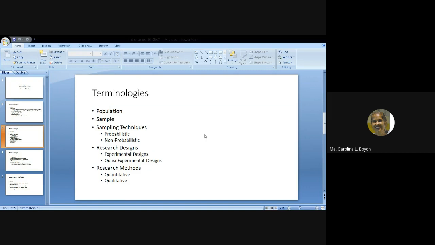Research designs will have to be identified prior to data collection because research designs will have a counterpart in research methodologies. So research designs can be categorized into experimental designs and quasi-experimental designs.